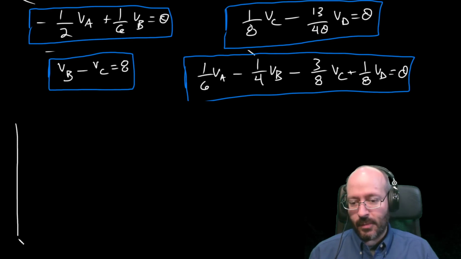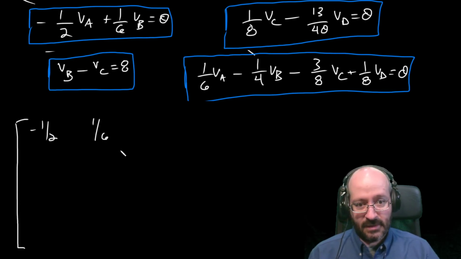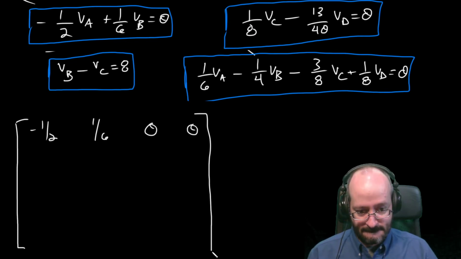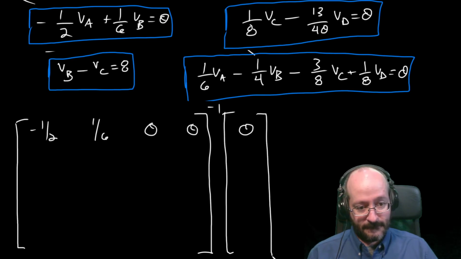And this one's going to be 4x4. Oh, gosh. We'll survive, I promise. Okay, negative 1/2, 1/6, 0, 0. Invert it. Multiply by the right-hand side, which is also 0 in this case.